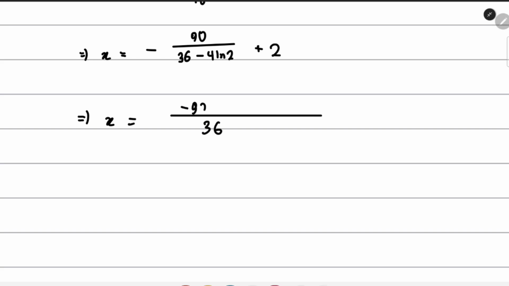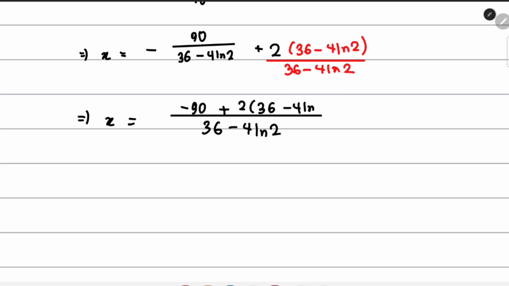So I get minus 90 here. Now if I want to change the denominator of 2, I need to multiply 36 minus 4 ln 2 to it and then divide by this. So on the top we get 2 times 36 minus 4 ln 2.